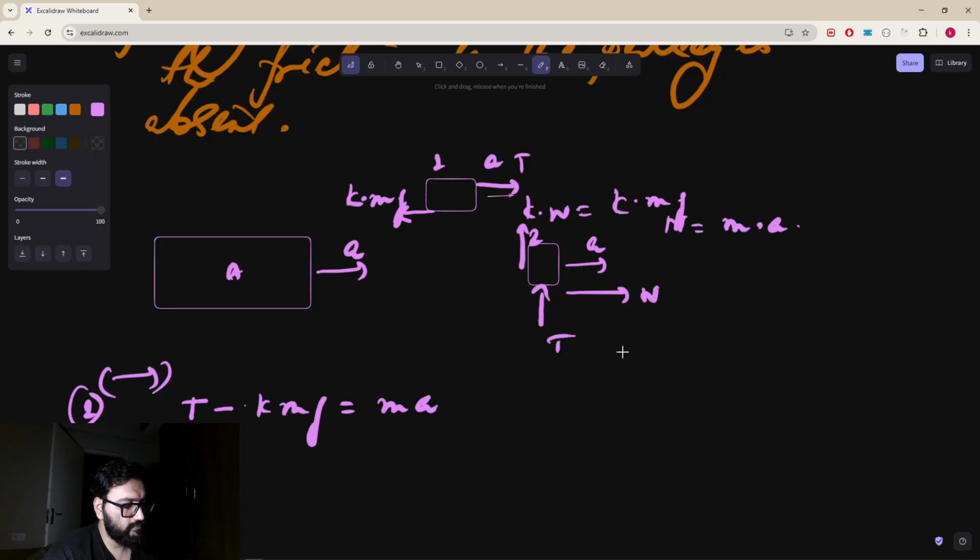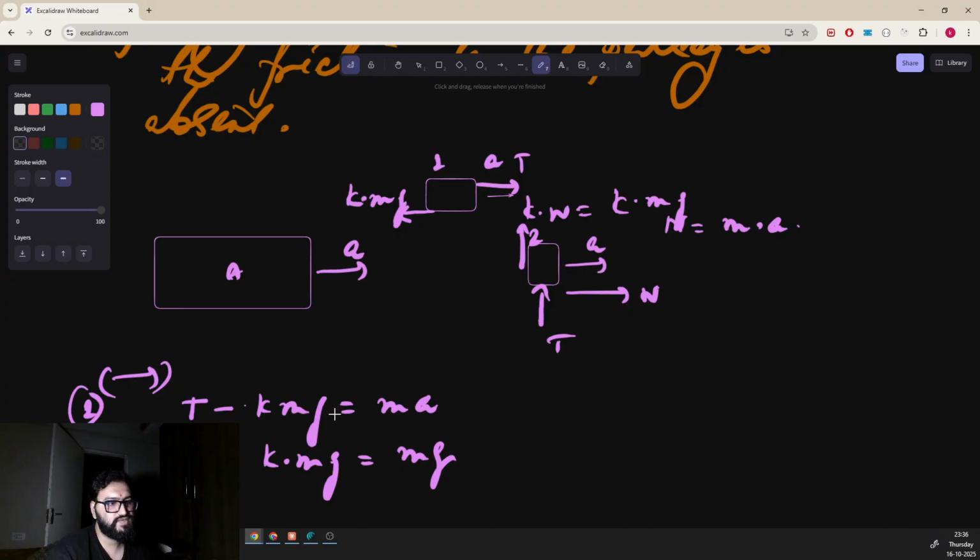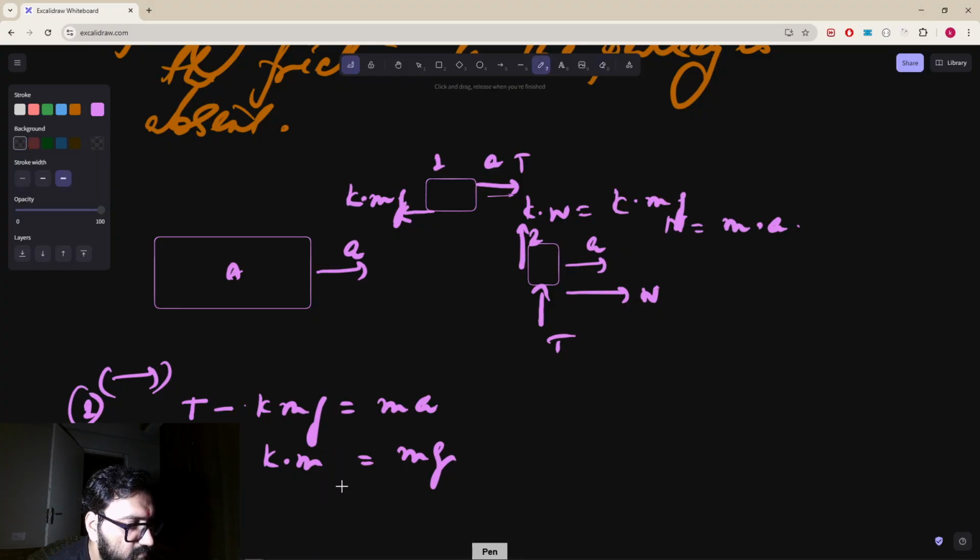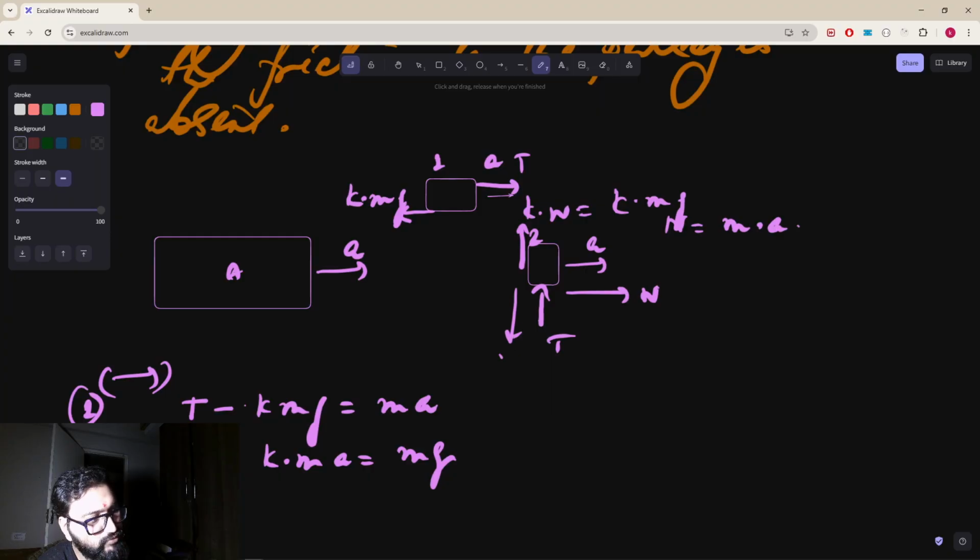And for body 2, the force equation would be: T plus k times ma is equal to mg. Basically the tension plus the frictional force in the upward direction has to be equal to the weight of body 2 in the downward direction.